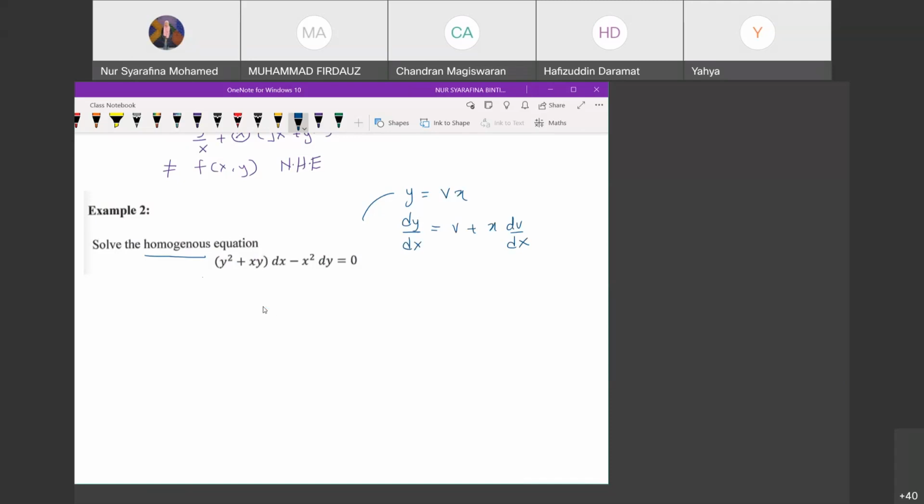From here, what is your dy/dx? Just put this one to the right hand side first, and then dy/dx equals to (y squared plus xy) over x squared. Okay, clear?